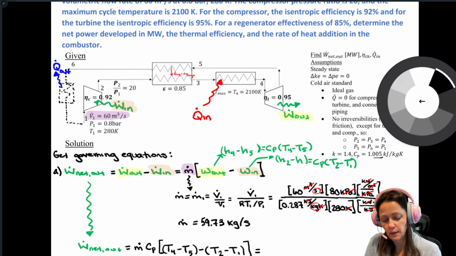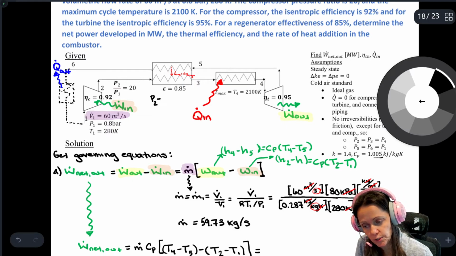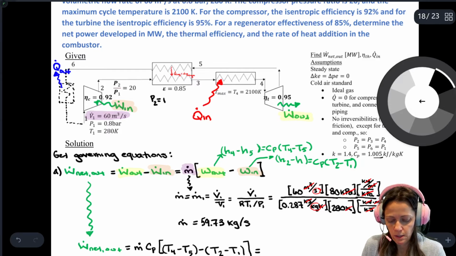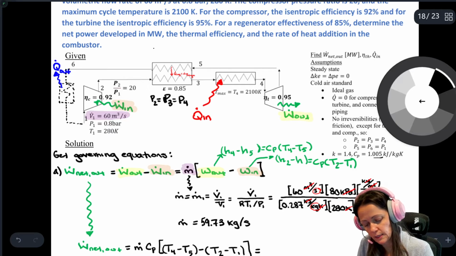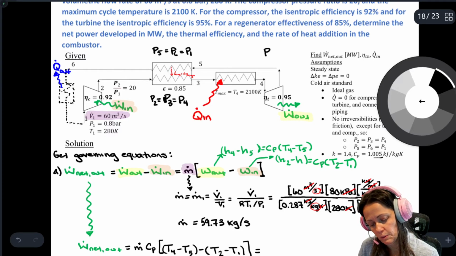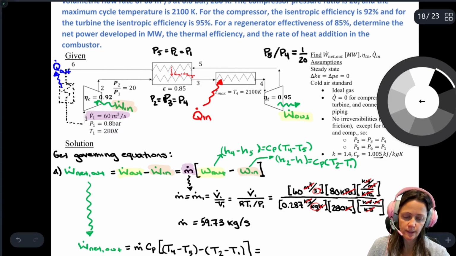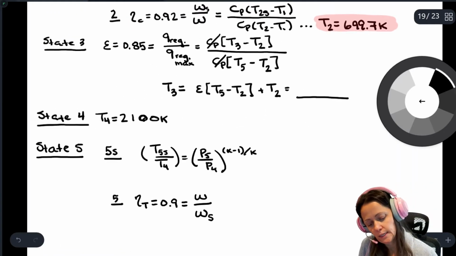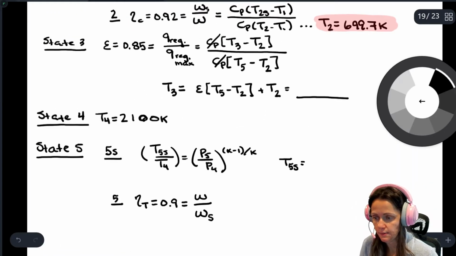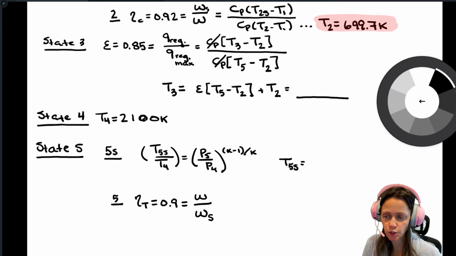So across the piping from state 2 to state 3 to state 4, and the same thing over here, state 5 to state 6, all the way back to state 1. And so my pressure ratio P5 over P4 would be 1 over 20. So I'm going to plug that in down here. My T5S ends up being 892.7.